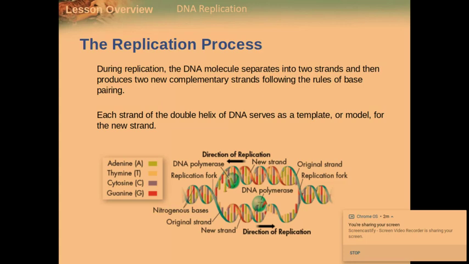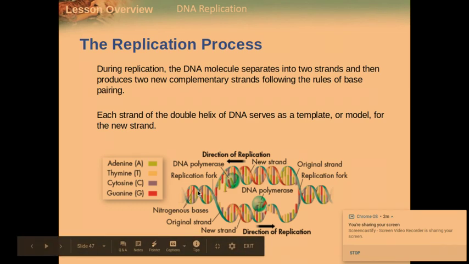So here's the process. During replication, the DNA molecule separates into two strands and then produces two new complementary strands following the rules of base pairing. Each strand of the double helix of DNA serves as a template or model for the new strand. So if this is getting unzipped here, you can kind of see where you're basically unzipping this right down the middle of the chain, and then this DNA polymerase, which is an enzyme, goes along this and starts to add the opposite side.